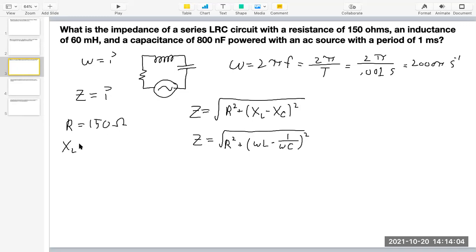the inductive reactance will be our angular frequency times 60 millihenries, or 0.06 henries. And this is approximately 377 ohms.